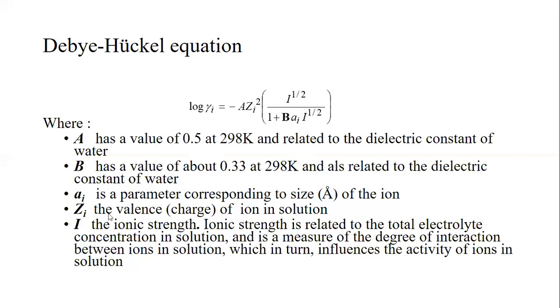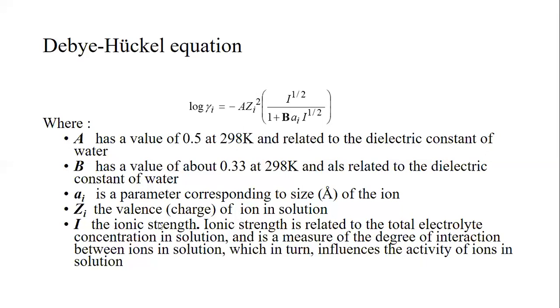Zi is the valence or charge of the ion in solution. If you're dealing with potassium, that will be 1, calcium 2, and so on. Remember, we said the ion, regardless of cation or anion, doesn't make any difference. It's an ion. So Zi is the valence or charge of the ion in solution we're interested in.